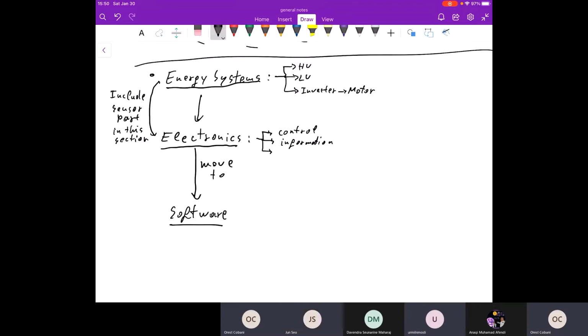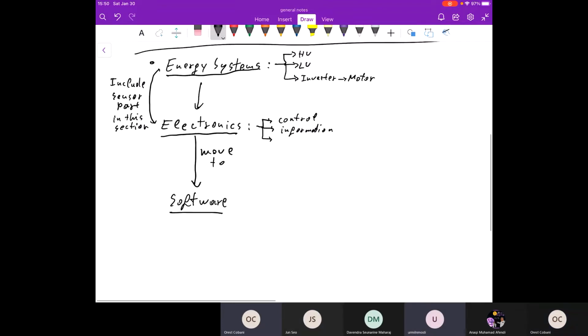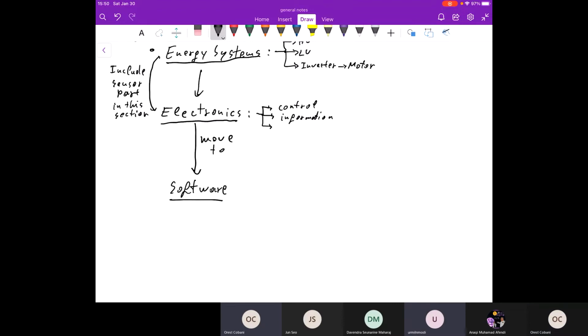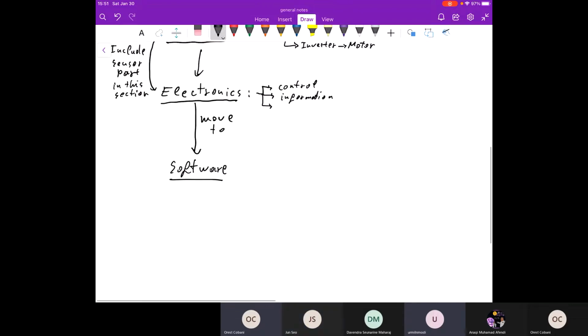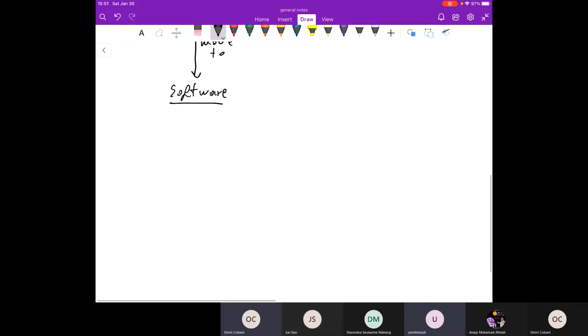Then you go into the actual control side and the infrastructure of the electronics. You figure out how everything's tested, all the hardware testing. Then you go into software. Software talks about the software side of control, the comms throughout the pod, the comms outside the pod, and any infrastructure they have set up. I think that covers a general overview of how this would go.